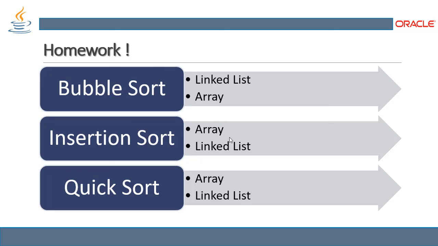Now if you know about collections, you can use other structures, interfaces, classes and methods available in the collection frameworks, like linked list, list and trees. With the help of these collection frameworks, you can also implement bubble sort, insertion sort and quick sort algorithms.